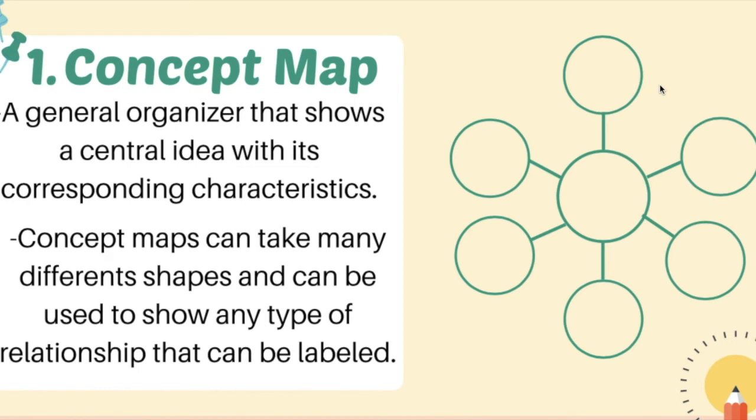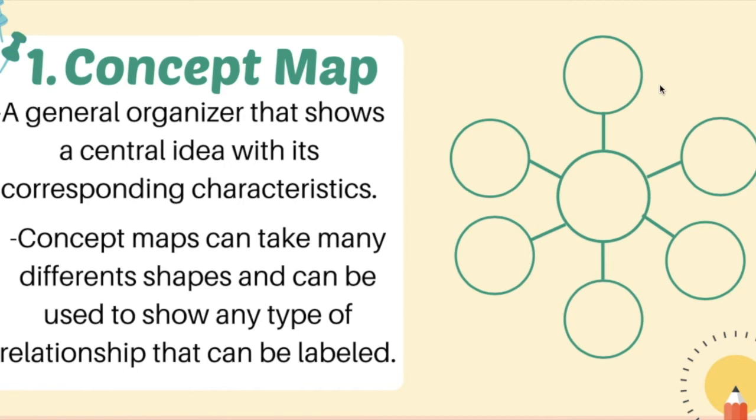On the right side of your screen, you can find the example of a concept map. In the middle part of the concept map is the main idea or the main point. Then it branches out the different corresponding characteristics.